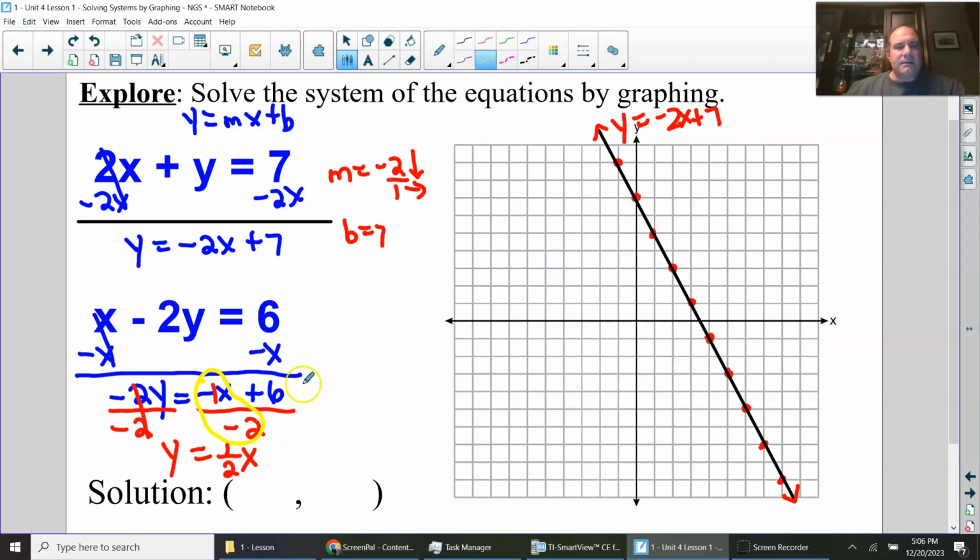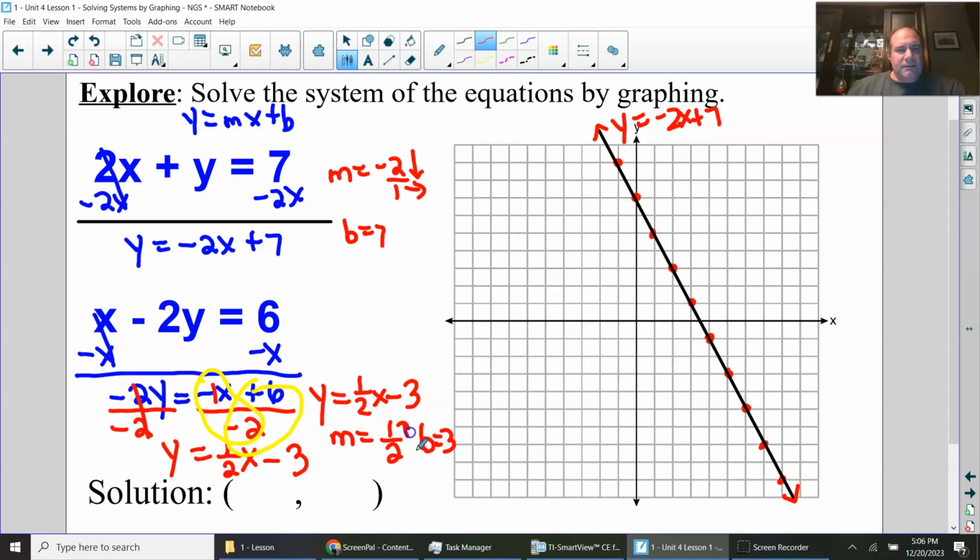Then I'm going to do 6 divided by -2. What is 6 divided by -2? That is a -3. Because remember, positive divided by a negative is negative. So now you could use that slope as 1/2, and the y-intercept is -3.